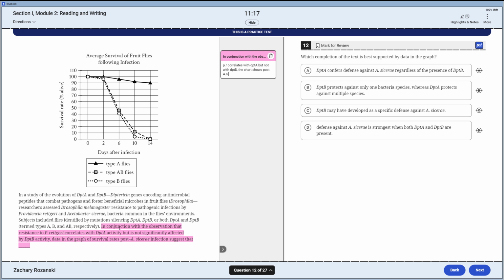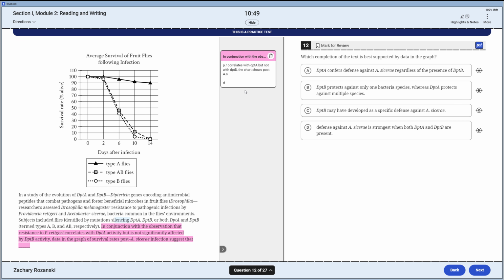Before I do it, I do think that this chart is just talking about ASIC, and that PRET was a different chart. In a study of the evolution of microbial pathogens, okay, that doesn't matter. Researchers assessed the resistance to these two things. Subjects included flies with silencing, hugely critical. So DPTA, I'm reading forward to that, respectively.